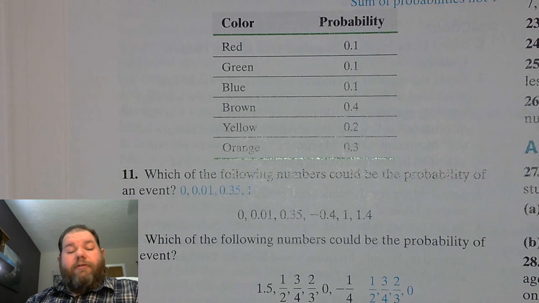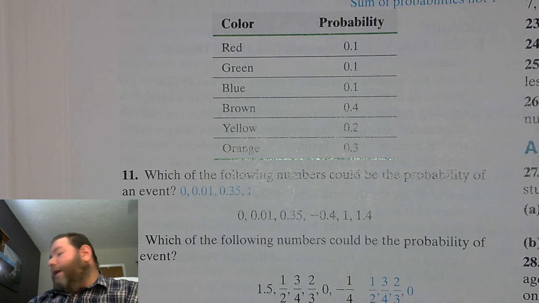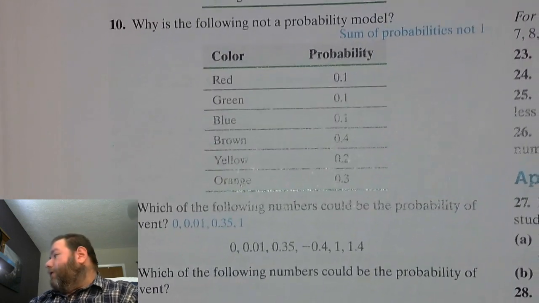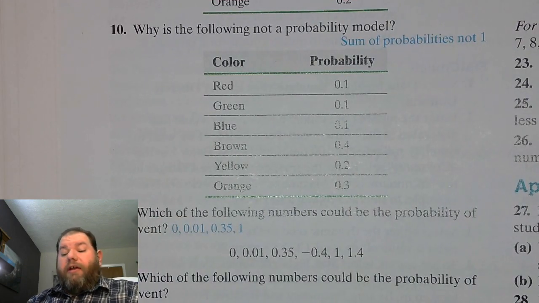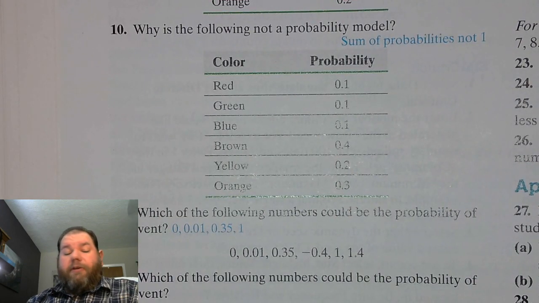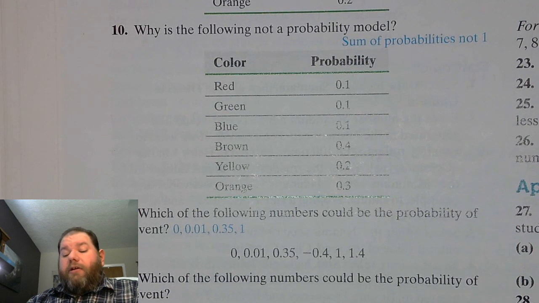But the other issue is, to be a valid probability model, the sum of the probabilities must equal 1. And that, in fact, is what's wrong here. As you can see, it says in the book, the sum of the probabilities is not 1. If we add these together, it ends up equal to 1.2, which means either the probabilities have been miscalculated or we have some wrong data somewhere.